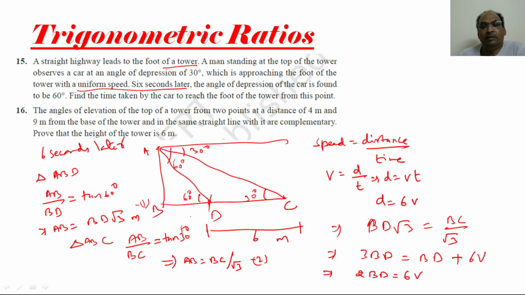So BD is equal to v into t. So further, 2 into v into t is equal to 6v. So this v and v will get cancelled and it will be 2t is equal to 6. So time is equal to 3 seconds.